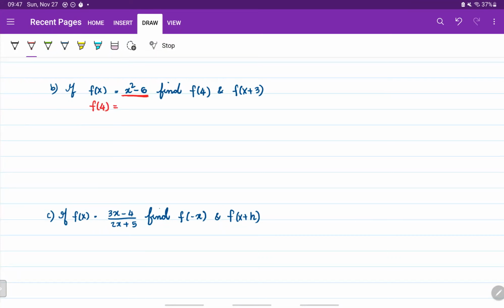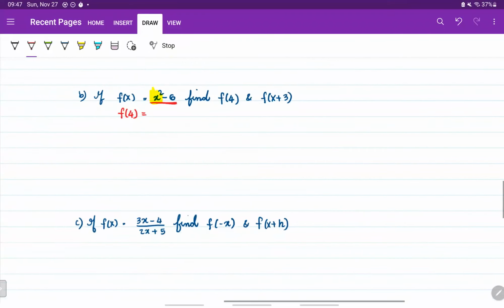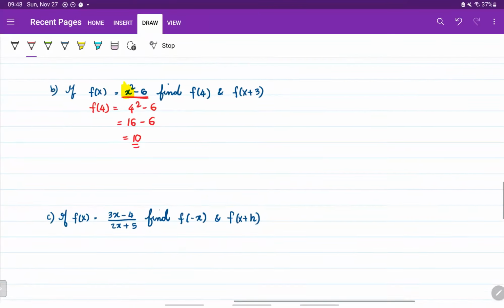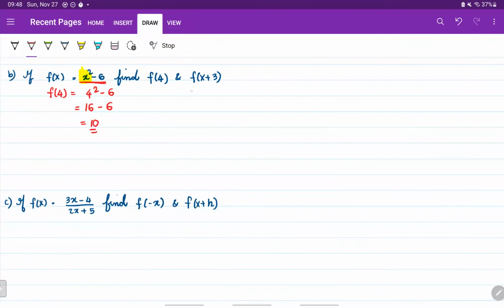So f of 4 is wherever there is an x, you substitute a 4, so you get 4 squared minus 6. That's 16 minus 6, which gives us 10. Now we have f of x plus 3. So every time there is an x, we need to substitute x plus 3 now.